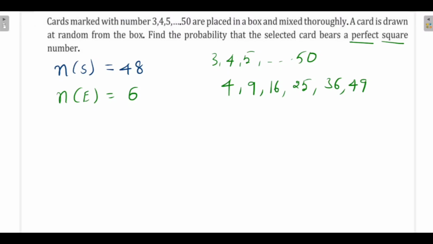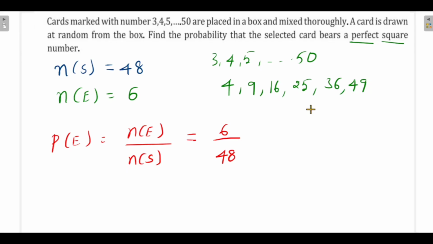Next our job is to find out the probability. P of E is equal to n of E divided by n of S. This is the main formula of finding the probability of an event. Here the value of n of E is 6, n of S value is 48.